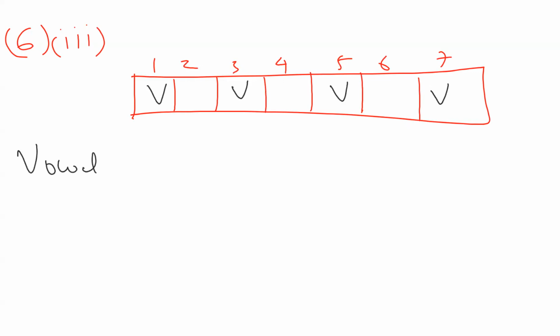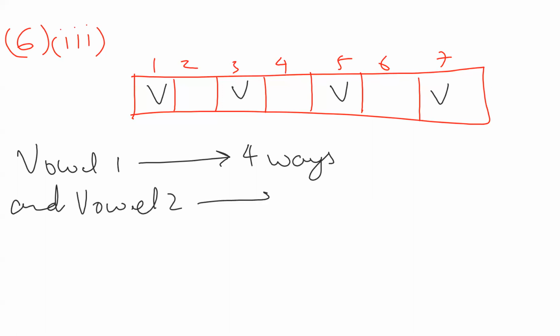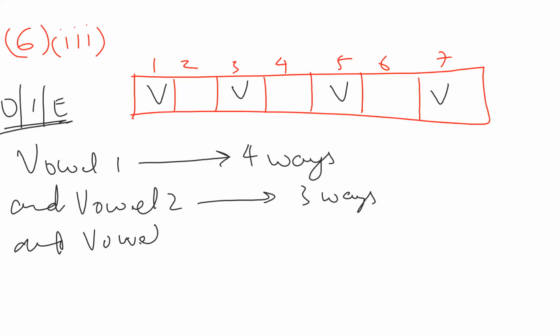So vowel number one can be arranged in four ways because there are four boxes, and vowel number two in three ways. The vowels are only O, I, E. And vowel number three can be arranged in two ways. So the total arrangements for vowels is 4 into 3 into 2.